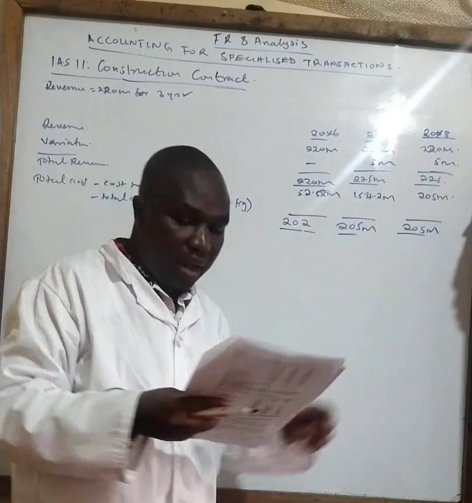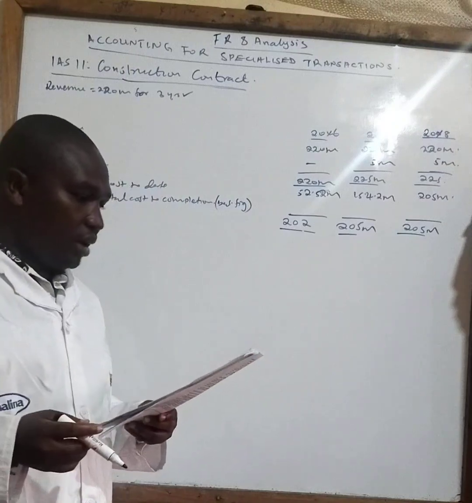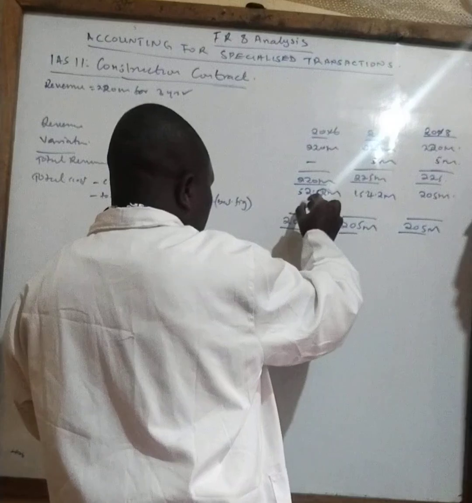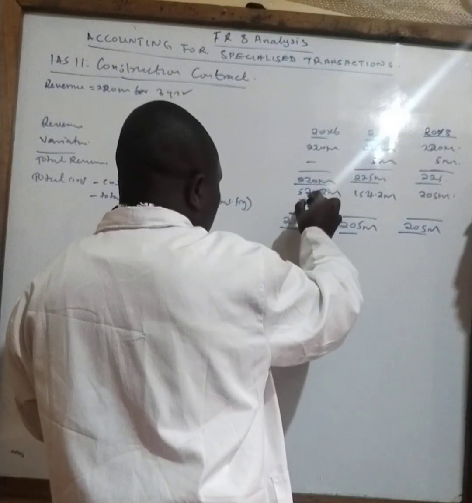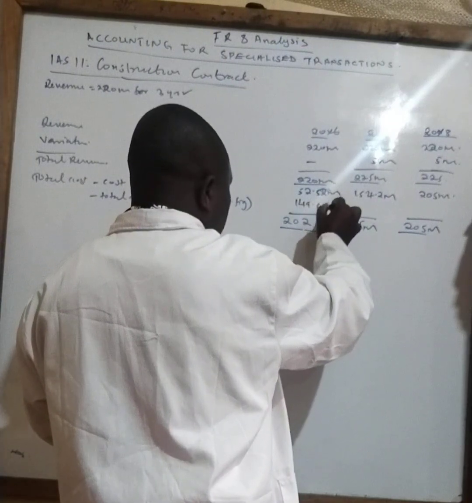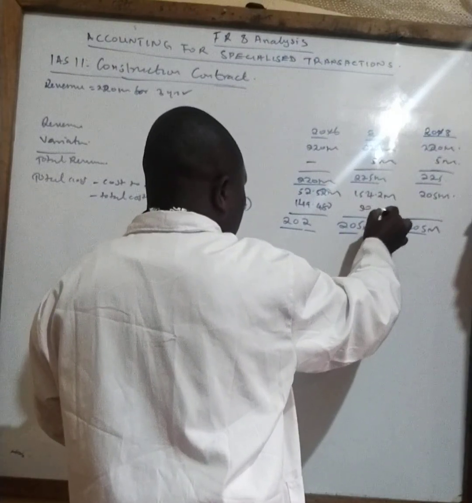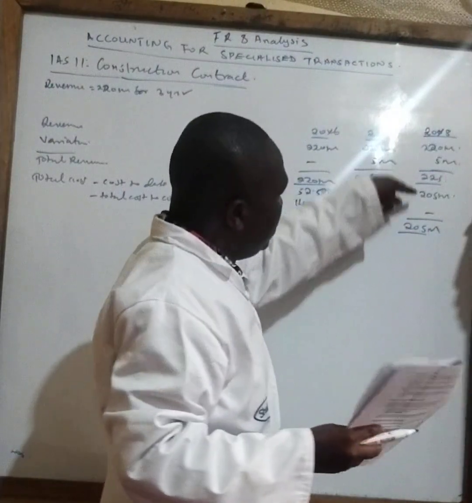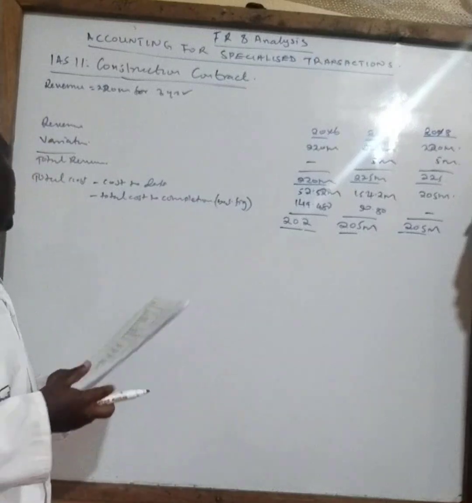And if you use your calculator very well, you will find that this one will give you 149.480. This one will give you 50.80. This one will give you none, because it will be this minus that. That is how you are supposed to calculate this.